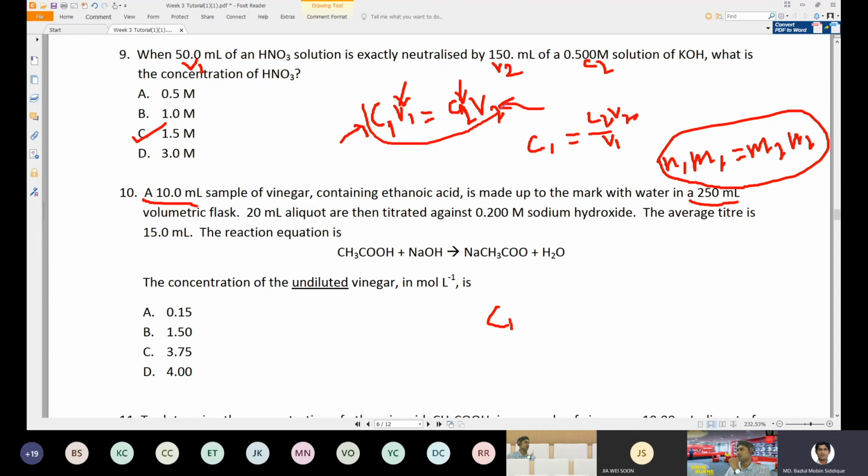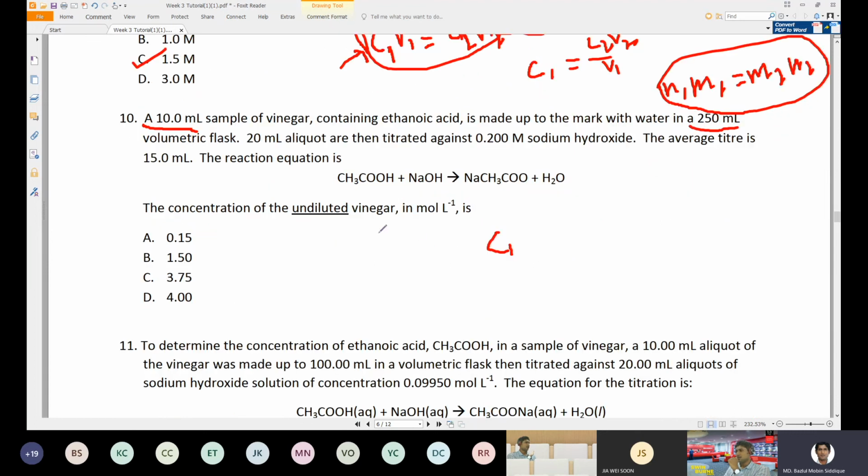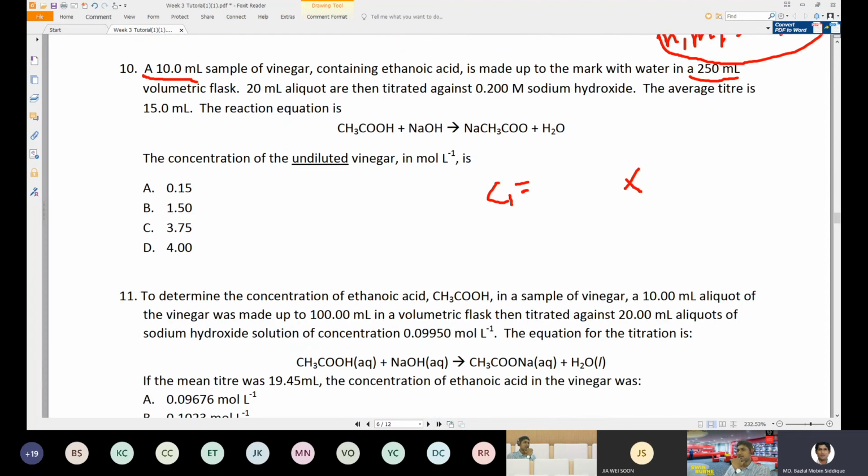So from here we can find the C1 by using this formula, and after that we can just multiply with the dilution factor, that is 25 times here, and that would give us, let me check, 3.75. That is C. Okay.